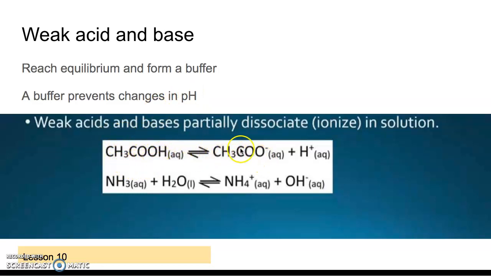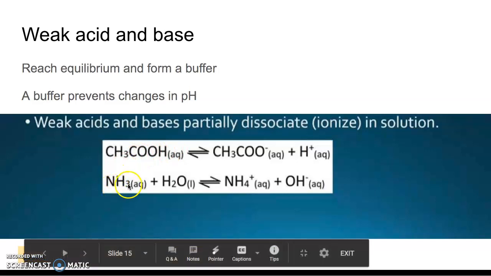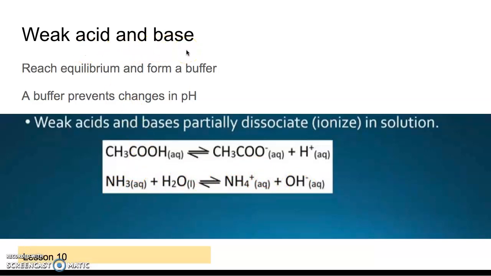It dissociates partially and it reaches equilibrium, so the reaction goes back and forth. This is ammonia. Again, in the presence of water, it creates ammonium ion, and hydroxide ion is a weak base, and actually the reaction is reversible. So when you have a weak acid and a weak base, they form equilibrium, and we call this a buffer.